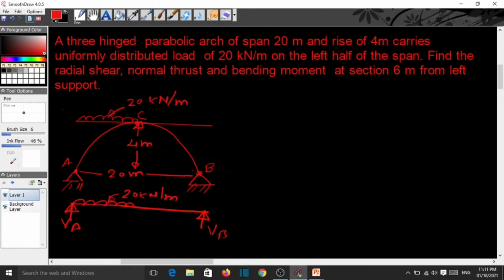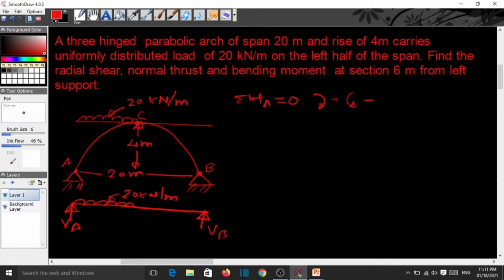So for the calculation of reactions, apply the condition sigma MA equals 0. We are considering clockwise positive and anti-clockwise negative.